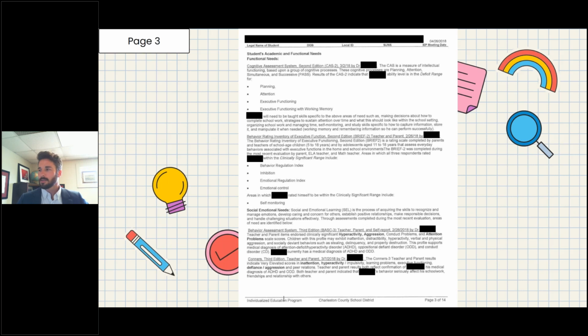So keep in mind, again, the student's disability is other health impairment because of ADHD and ODD, which are mental health diagnoses which impact their behavior primarily, right? So the needs section in this IEP is going to focus primarily on behaviors.